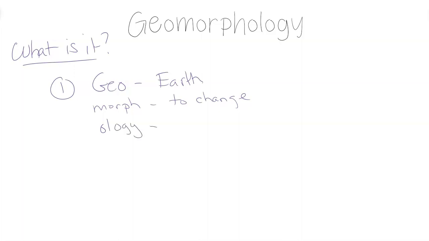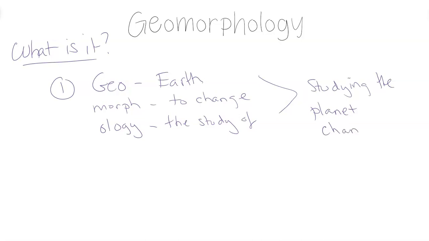Ology, again, the same root, the same origins, Latin and Greek. Ology means the study of. So as you can imagine, it is earth changing, it's studying the earth, the entire planet, its changes, and this will obviously be over time.